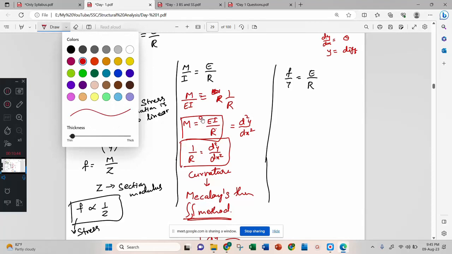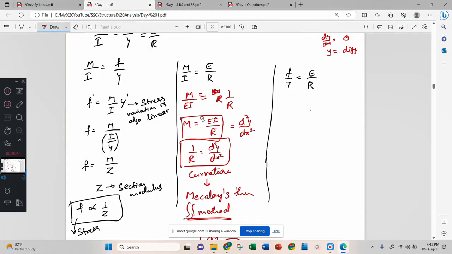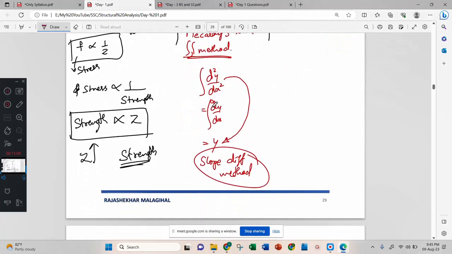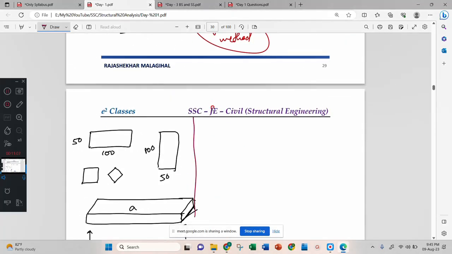Next, coming to this one, and one more thing, this EI is called flexural rigidity. Strength is directly proportional to EI. As flexural rigidity increases, strength increases.